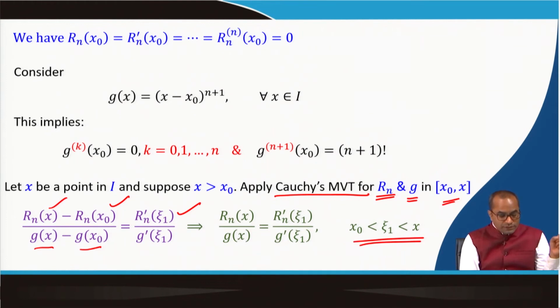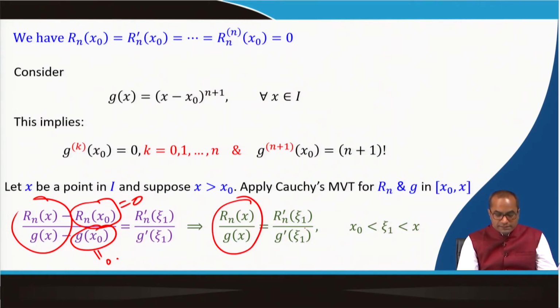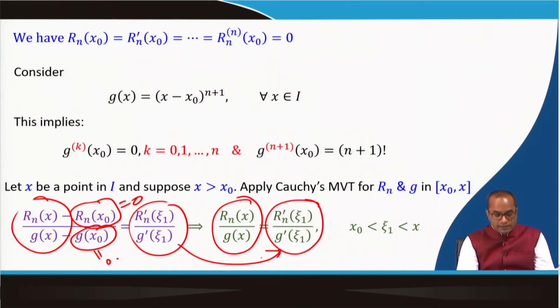Here we have already seen that Rn(x naught) is 0 and also g(x naught) is 0. So what do we get here? Rn(x) over g(x) is equal to Rn prime divided by g prime at xi 1.